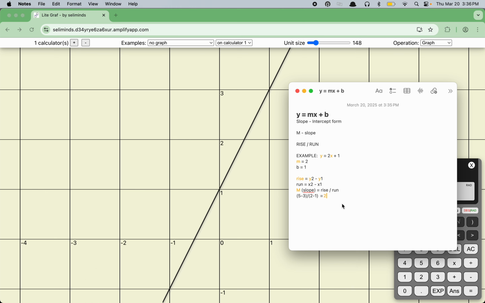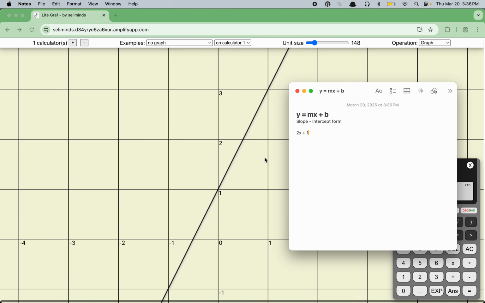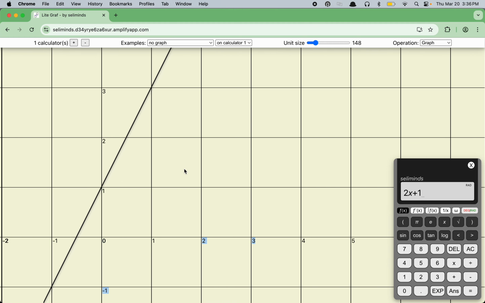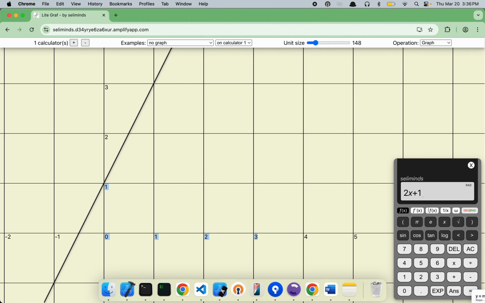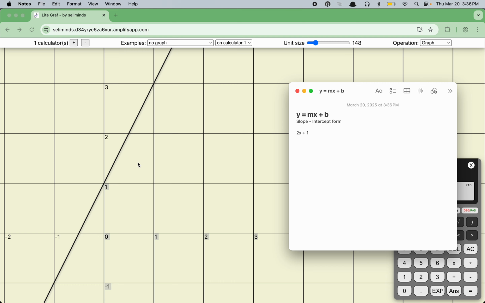And so, when you have an example of, say, 2x plus 1, you can now visualize in the graph that this is a line that is very steep because the slope is 2.